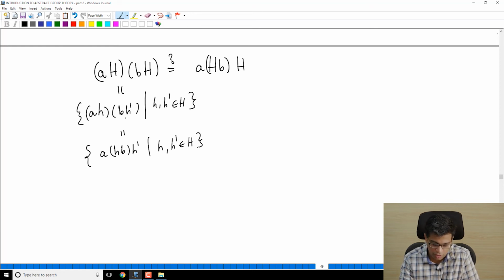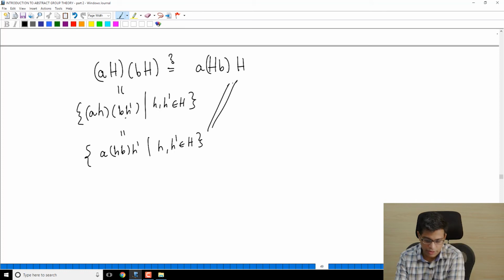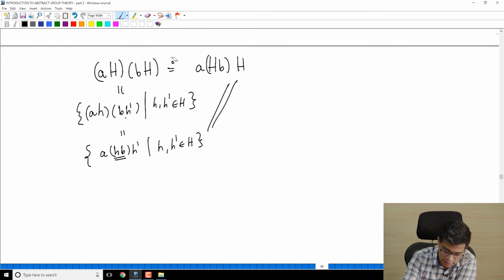Then I have A h B h prime, but I put the bracket around hB. But this is precisely this, because capital HB is all elements small hb and capital H is small h prime. So these two are equal, okay.